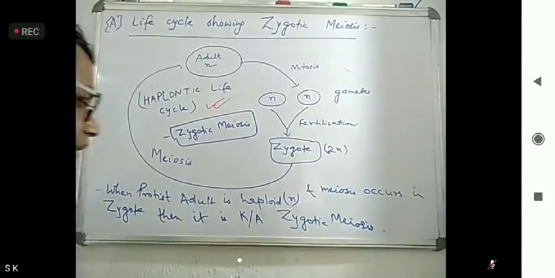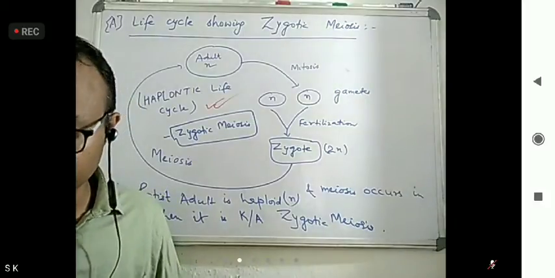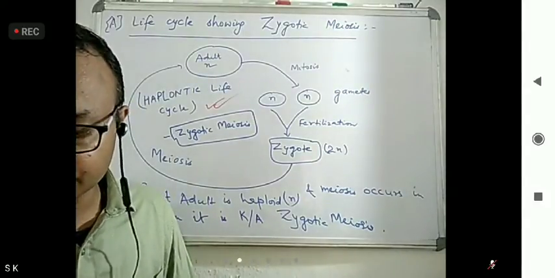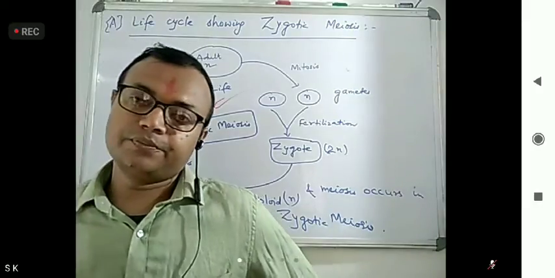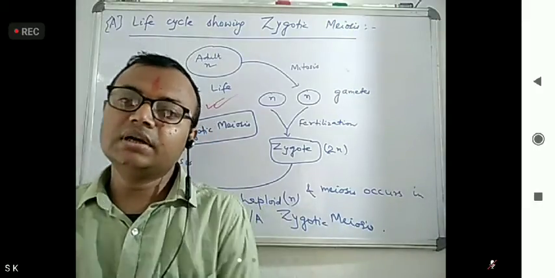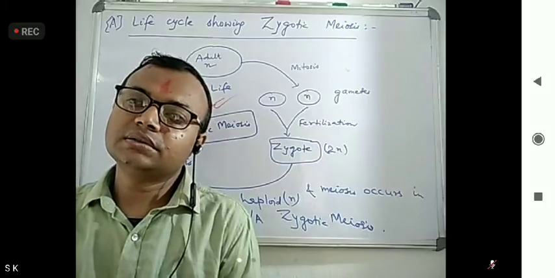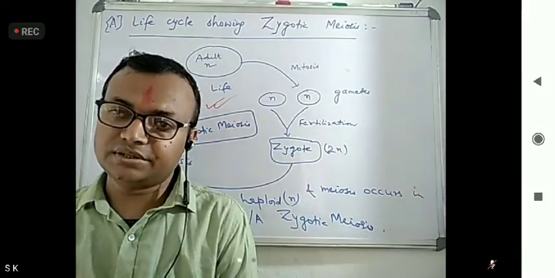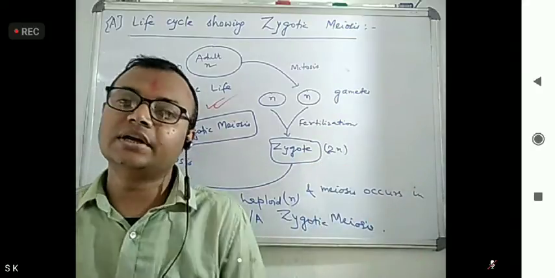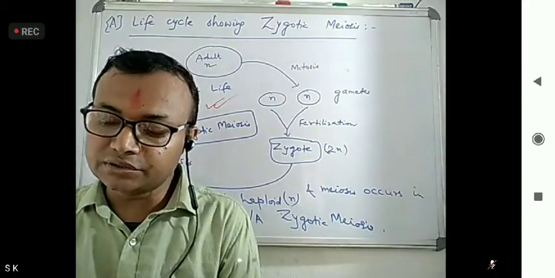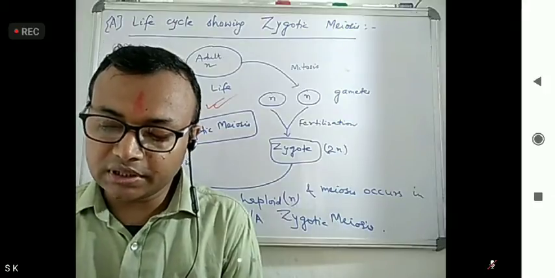Mostly in this life cycle, haploid phases are present. Only the diploid condition is the zygote, and that's why it is known as haplontic life cycle.